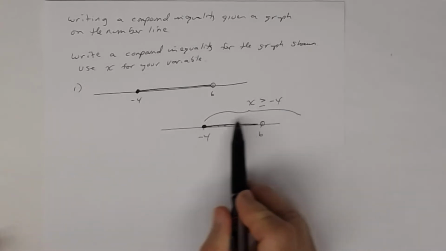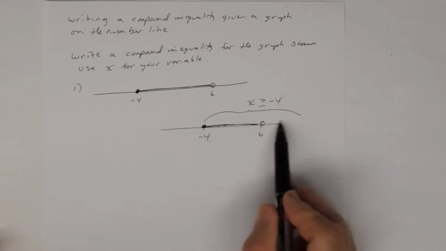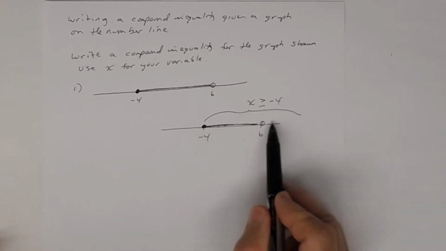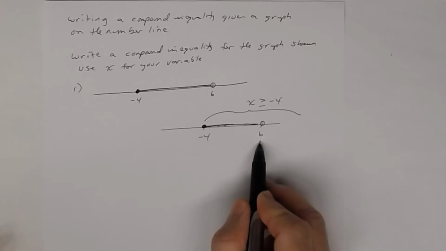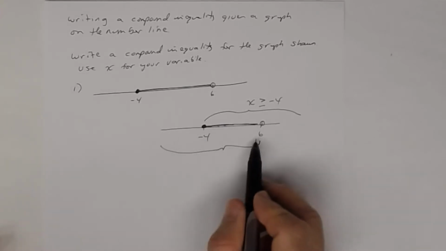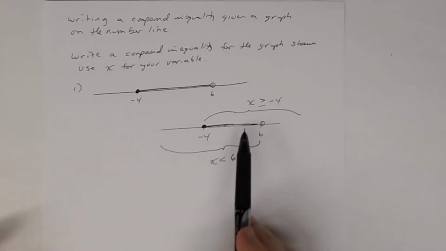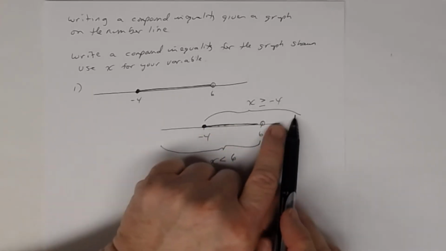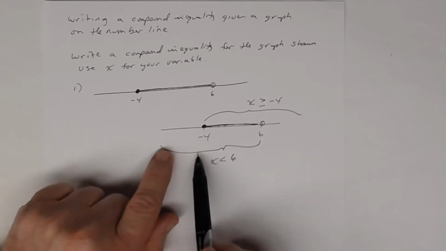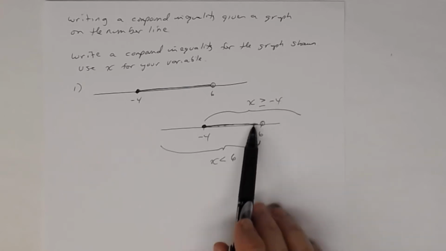So from here all the way this way, that would mean that x is greater than or equal to -4. If you look at this part here, then that would mean going this way that x is less than 6. Y'all see that? So x is greater than -4, and then here x is less than 6. So I wrote this as two separate inequalities right here.